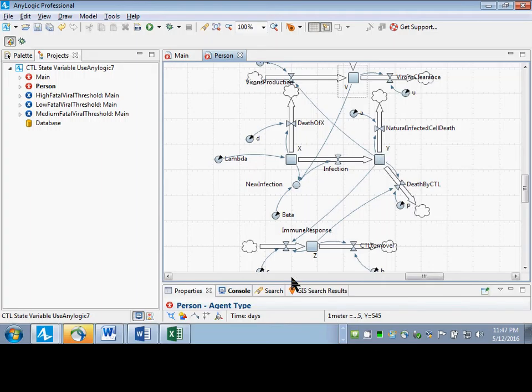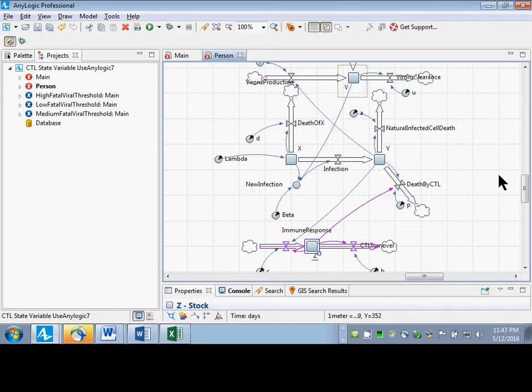Now, the presence of infected cells can stimulate an immune response, and we have some quite detailed models, particularly for chlamydia, depicting immune response, also for flu. But in this case, it's a very simple model based on some published work, stimulates immune response, and that builds up immune system cells, cytotoxic T lymphocytes, that then can attack infected cells.